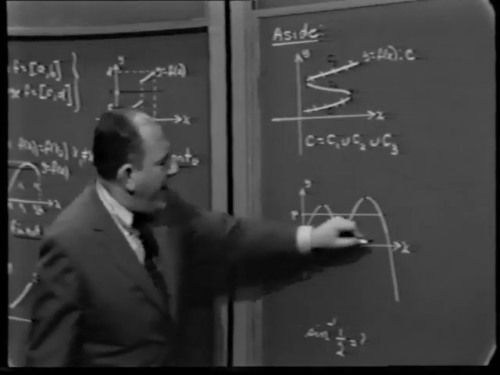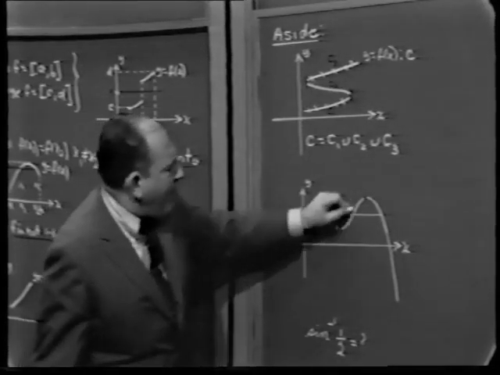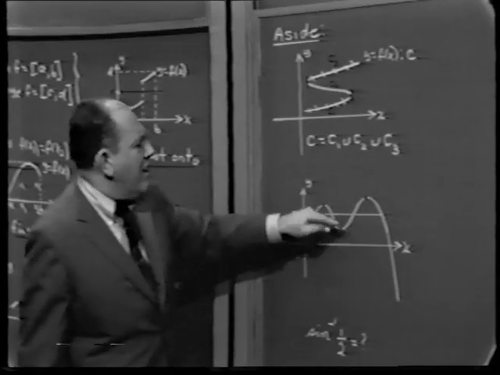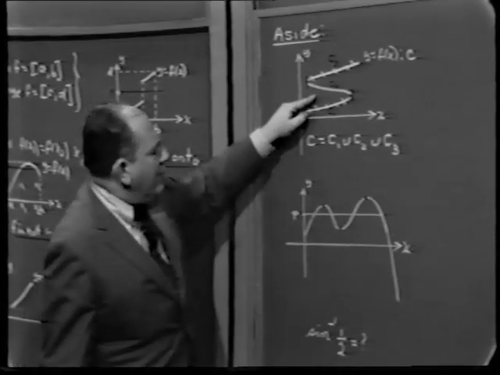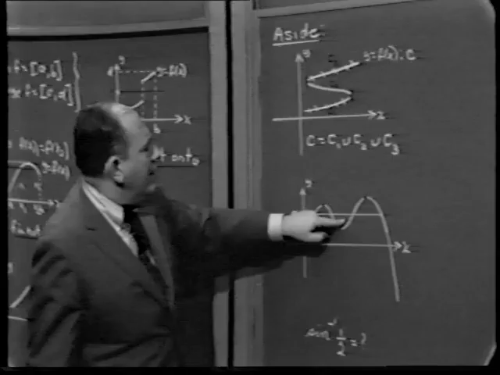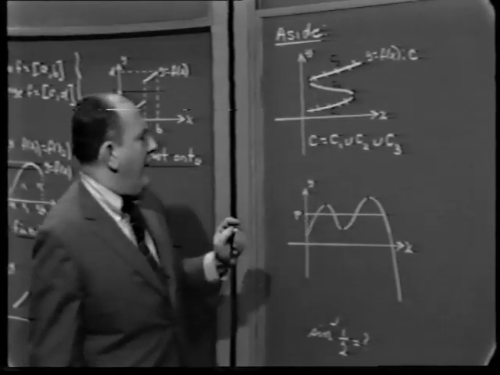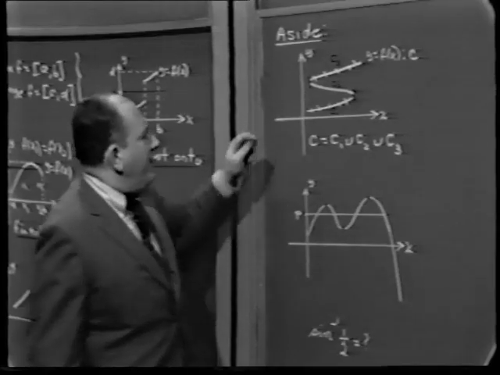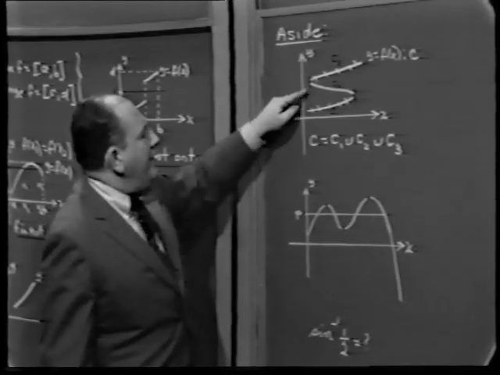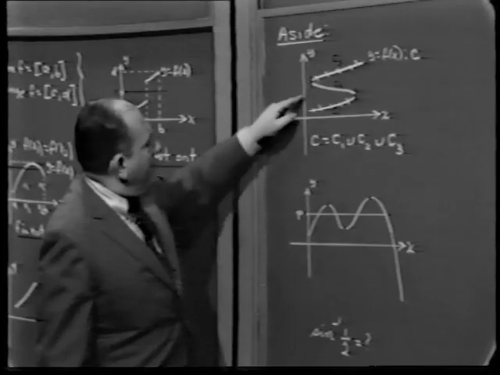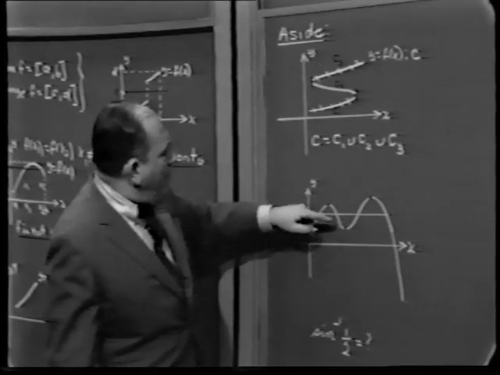In a similar way, when we have a function which doubles back, and by the way, notice the connection between multi-valued and not one-to-one. In terms of a function versus its inverse function, if a function is multi-valued, the inverse function cannot be one-to-one.